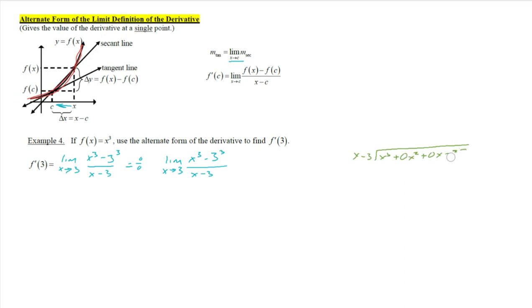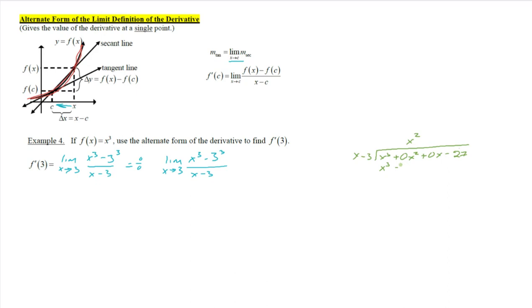So we'll rewrite this, minus 27. As we're filling this out, we start with our first term, and it's x cubed divided by x. That's going to give us x squared. And so the x squared putting in here becomes x cubed minus, I got a little carried away again.